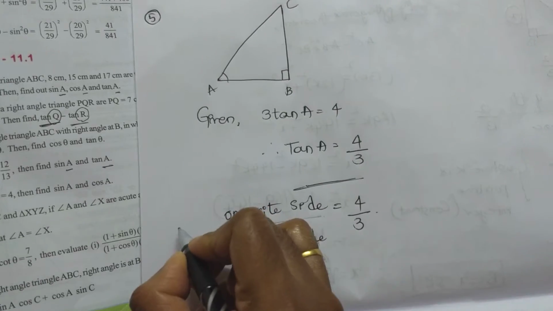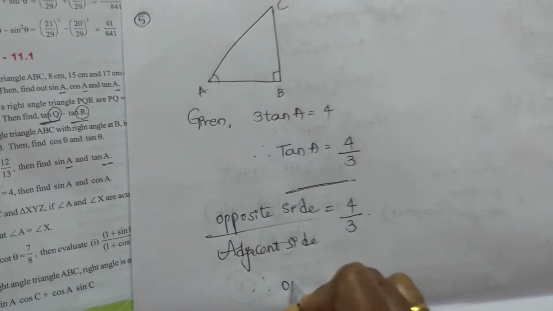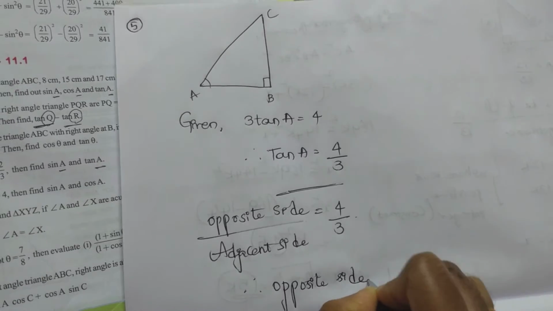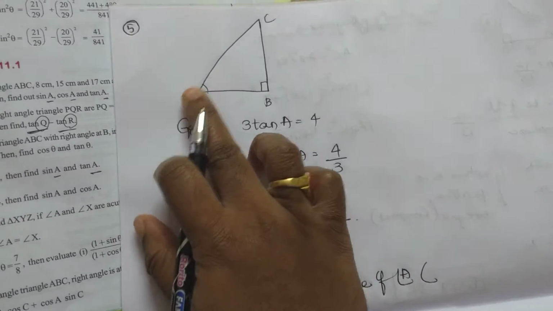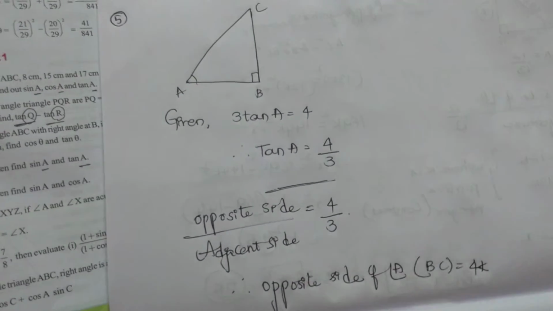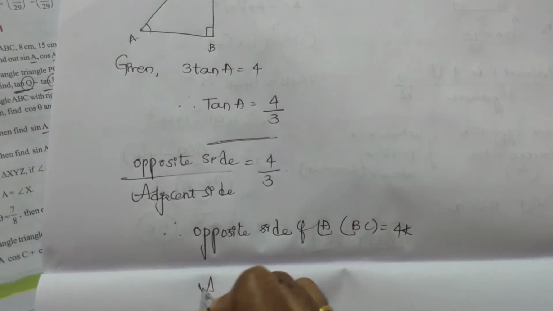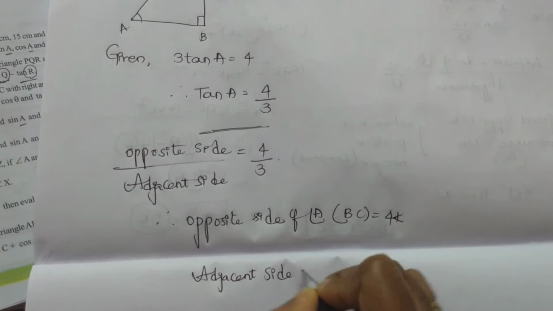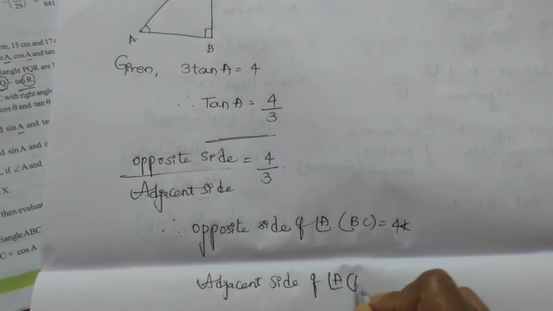So opposite side means this, adjacent side means this. Therefore, opposite side of angle A, write in brackets. What is the opposite side of angle A? It's BC, right? In brackets, BC equals 4K. And adjacent side of angle A, in brackets, AB.